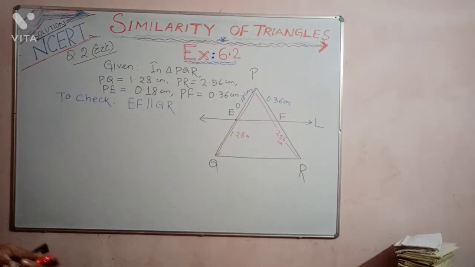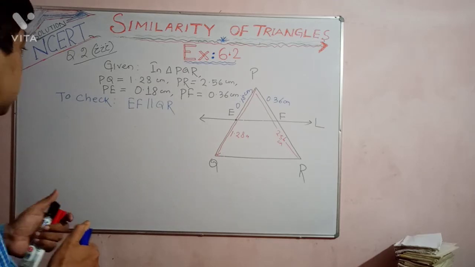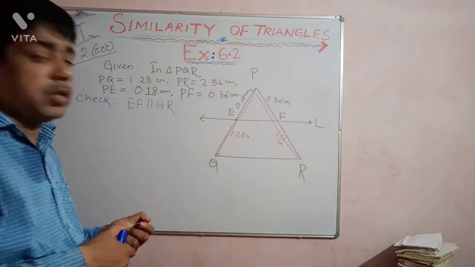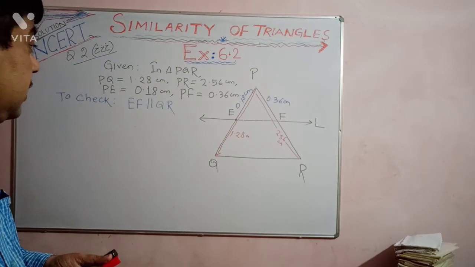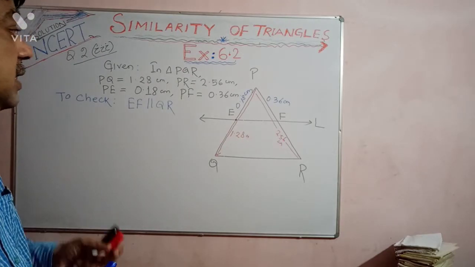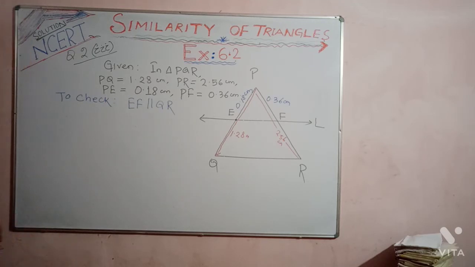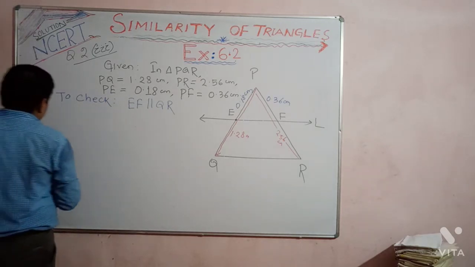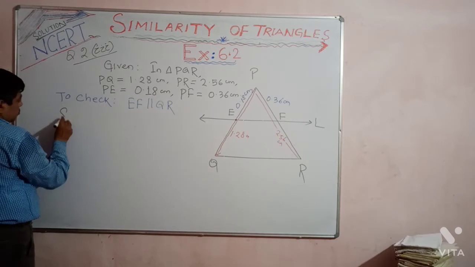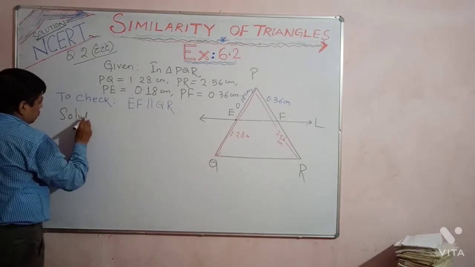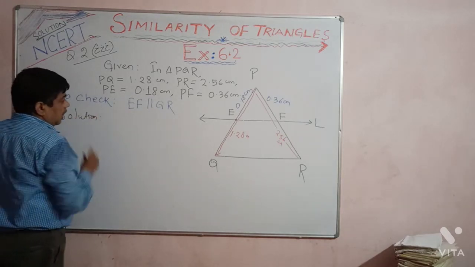You have to check whether EF is parallel to QR. Is it clear? And all of you know, according to the corollary of the Converse of basic proportionality theorem, you see clearly PQ is given, PE is given, PR given and PF given. So according to the corollary of the Converse basic proportionality theorem, let us check.